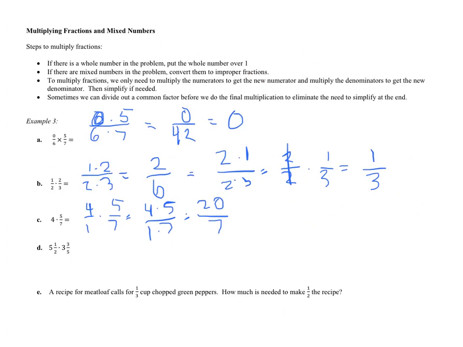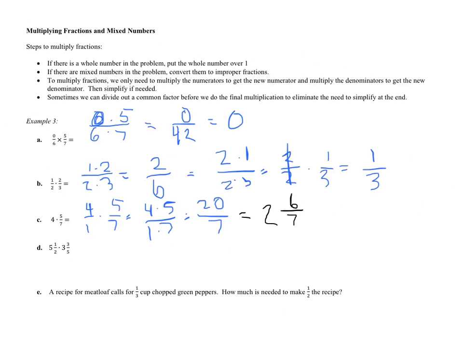Now we can leave that as an improper fraction, 20 over 7, or we can convert it to a mixed number, which would be 7 into 20 would be twice, with 6 left over. So as a mixed number, that's 2 6/7.